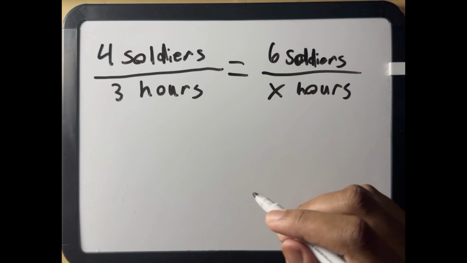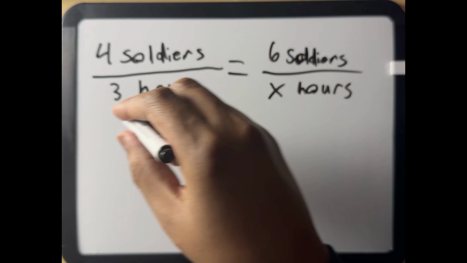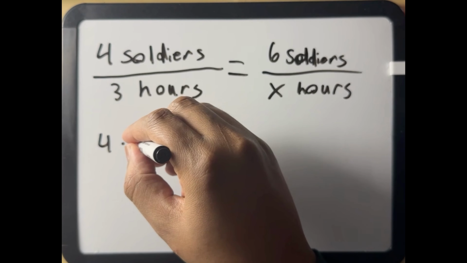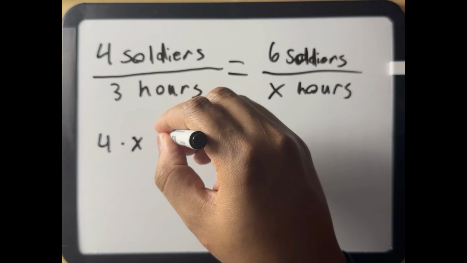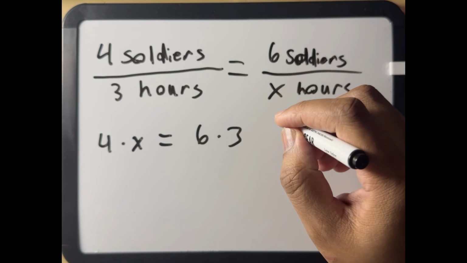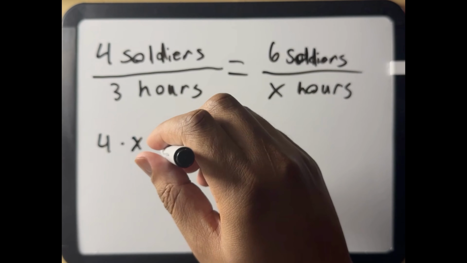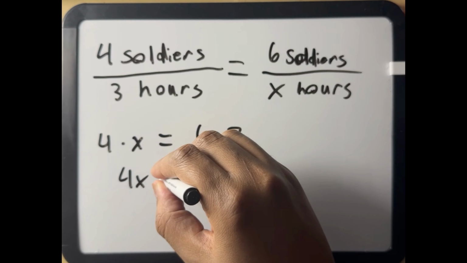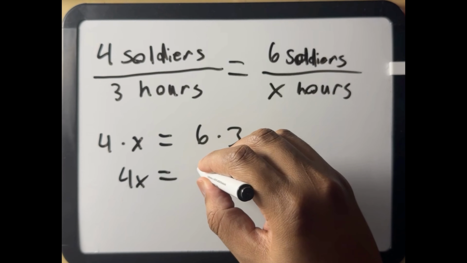Now, as you know, we cross multiply. So we can write this as 4 times x equals 6 times 3. You could simplify for x equals 18.